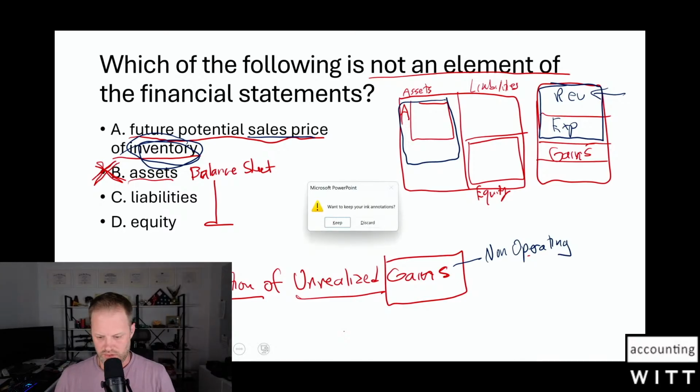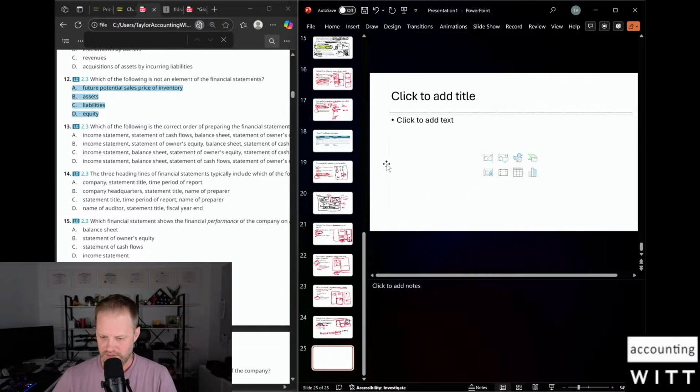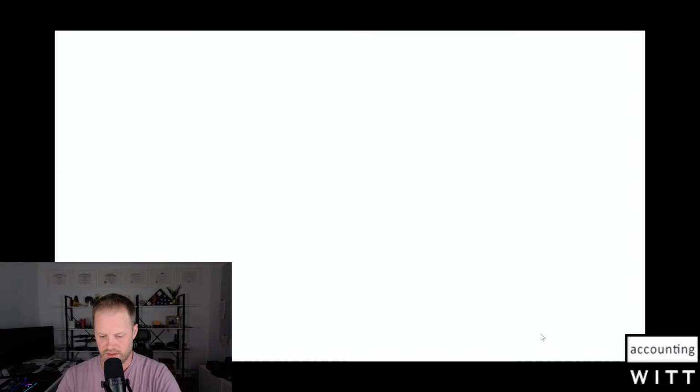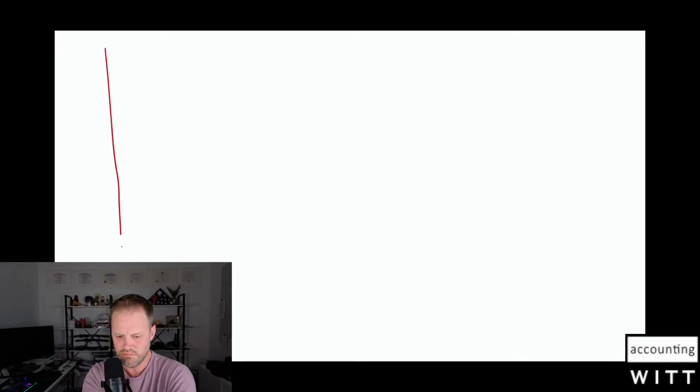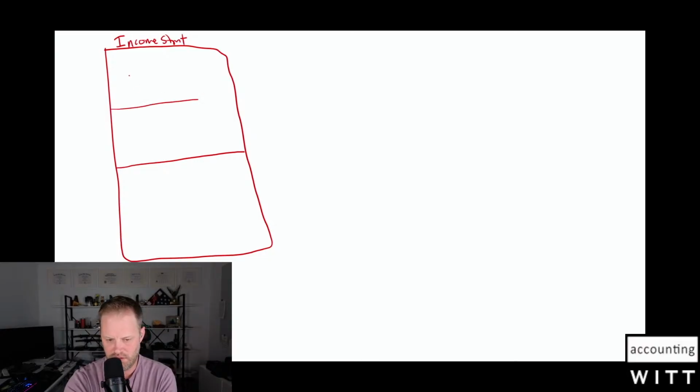let's make a new, what am I thinking? So this is the income statement. You've got revenue and expense that give you operating income.